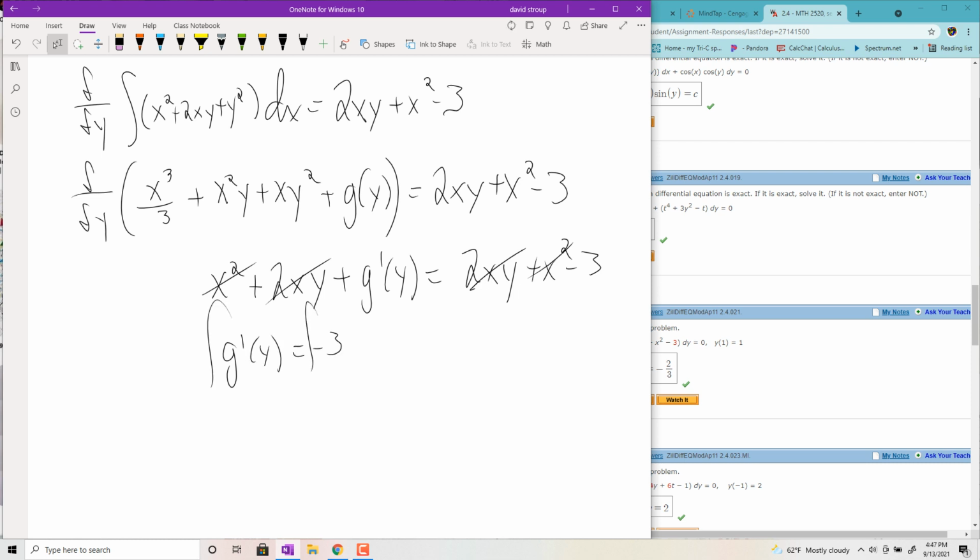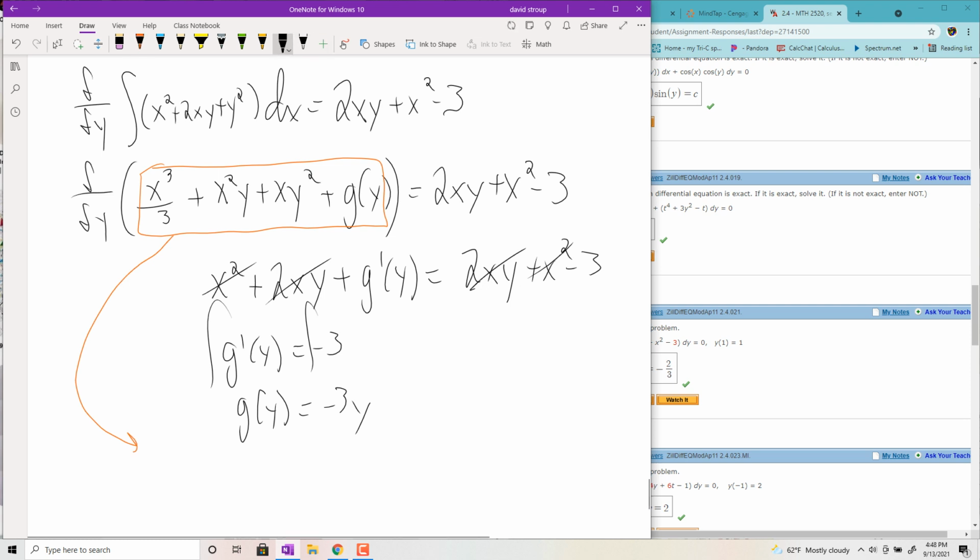Integrate both sides with respect to y, so g of y equals negative 3y. And so without the initial condition, we have a general solution of x cubed all over 3 plus x squared y plus xy squared minus 3y equals some constant.